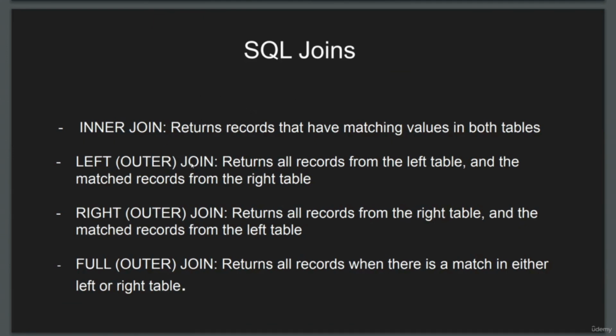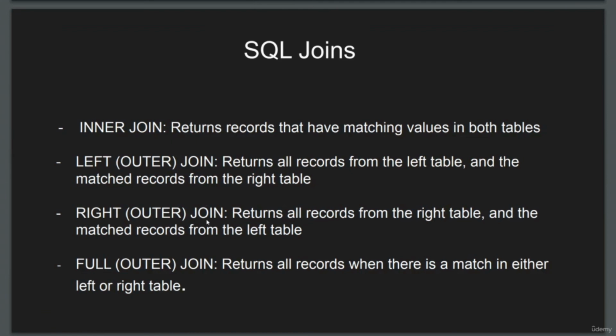Then we have the left join. Left join generally returns all the records from the left table and the records that are matching from the right table. So it will take all the values from the left table, and the values that are matched in the right table will be added in the left join.